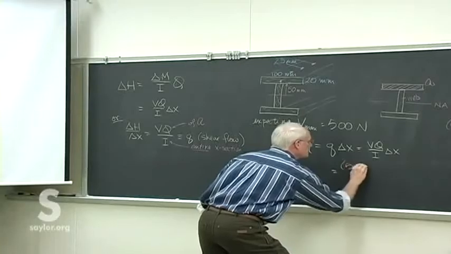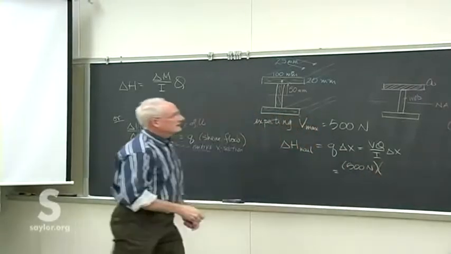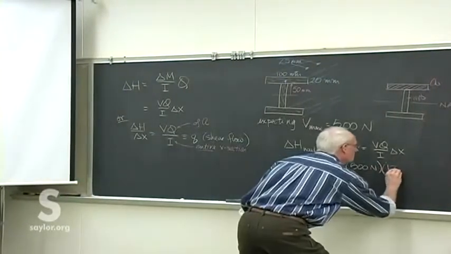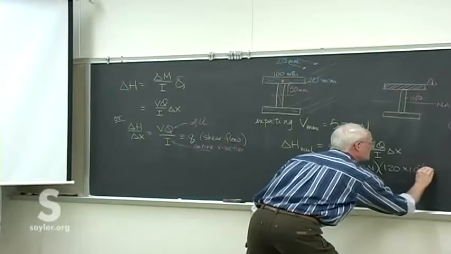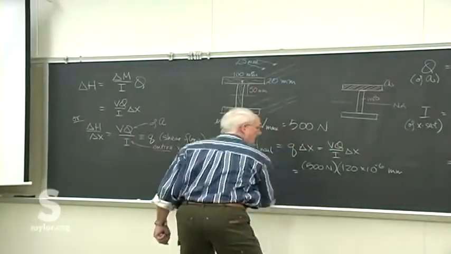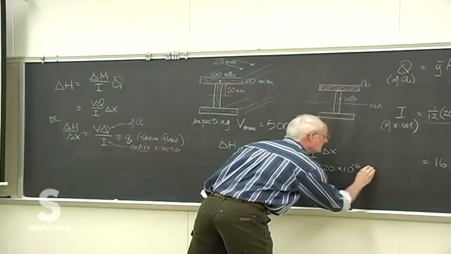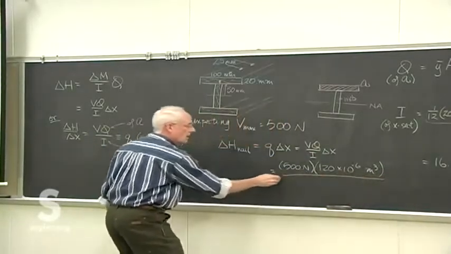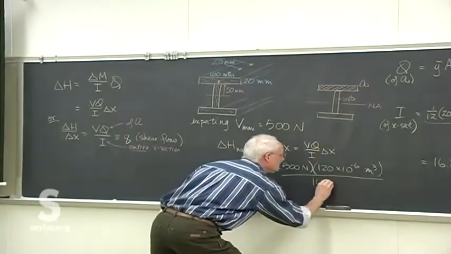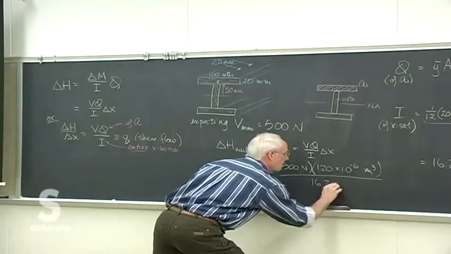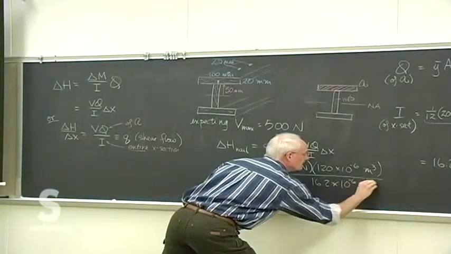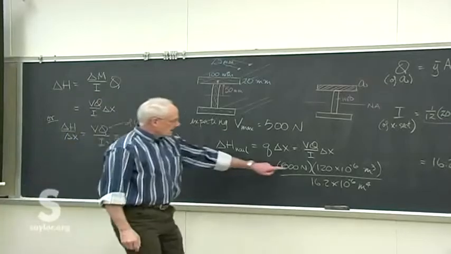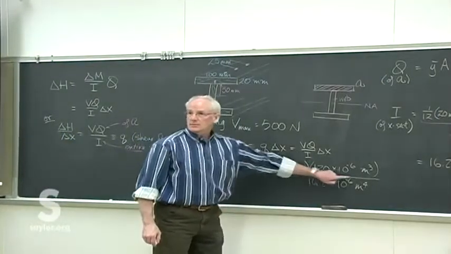And that comes out to be, let's see, 500 newtons times Q, which is up there in millimeters, but make it into meters cubed. That's Q over I, which is 16.2 times 10 to the minus 6 meters to the 4th. So what units do we get then? We get newtons per meter.